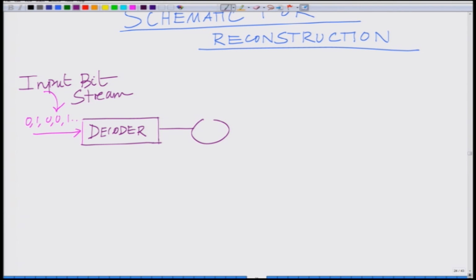This is what we get: EQ of n, the quantized errors, from the bit stream. To this you add MQ of n minus 1, the reconstruction at time instant n minus 1.